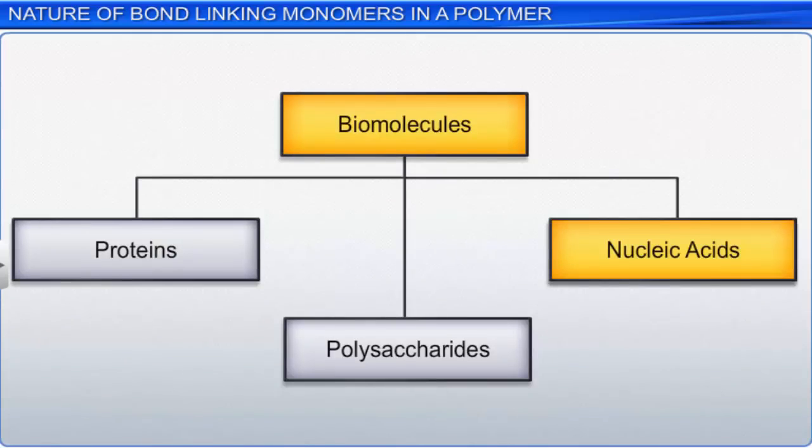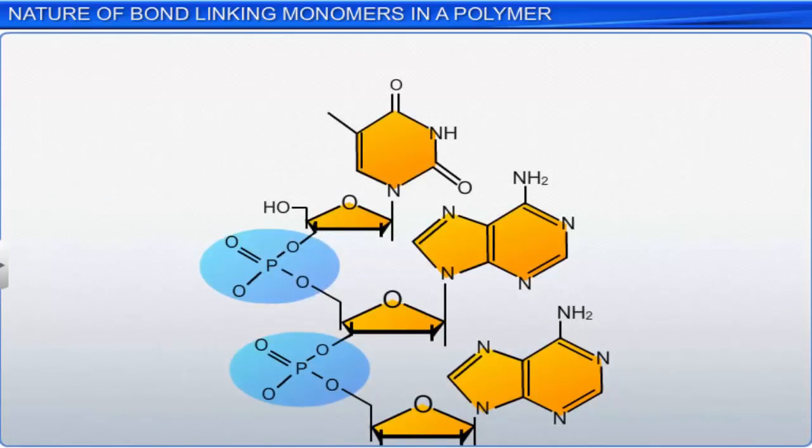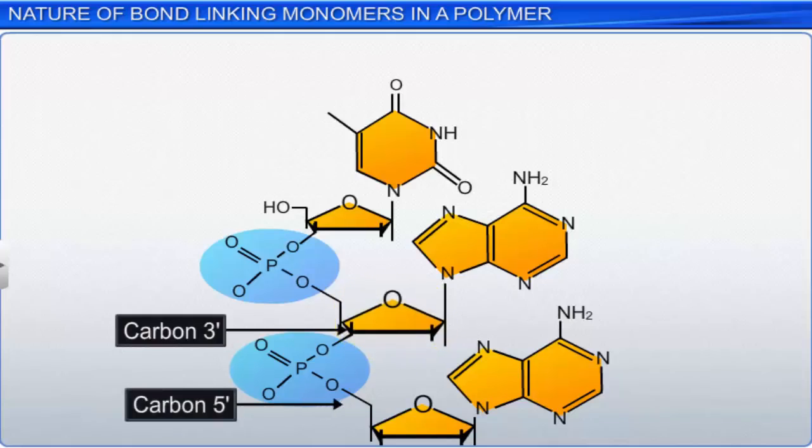Here, the 3' carbon atoms of one sugar of a nucleotide are linked to the 5' carbon atoms of the sugar of the succeeding nucleotide by a phosphate moiety. The phosphate and hydroxyl groups of sugar join to form an ester bond. The ester bonds formed by the phosphate group between the 3rd and 5th carbon atoms of adjacent pentose sugar rings are called phosphodiester bonds.